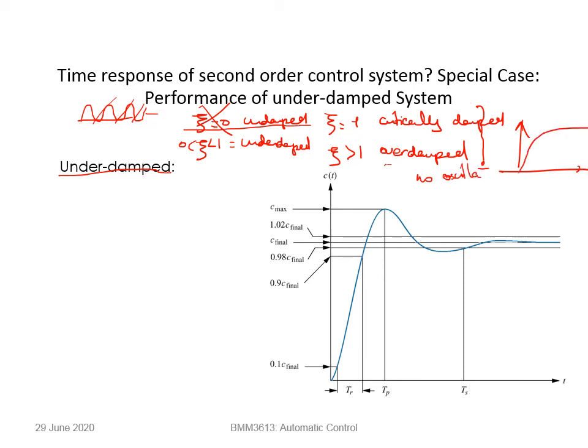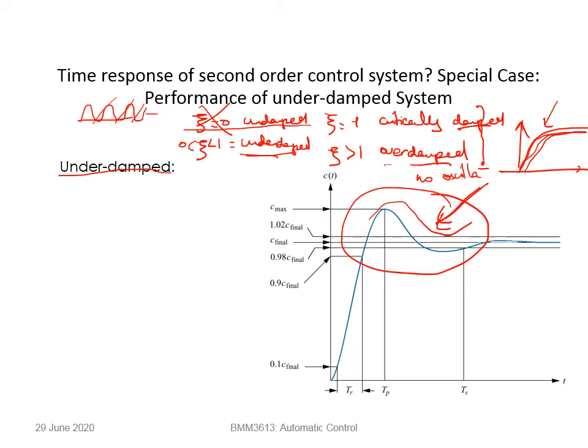It looks like this. It is not like in an underdamped system, where you'll be able to see a sort of oscillation at the beginning here, right? But in critically damped and overdamped systems, no oscillation can be observed. It is strictly without oscillation.